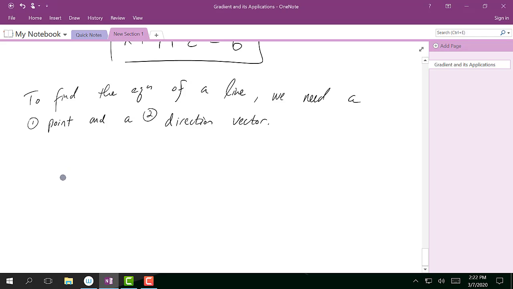We have L of t, which is again the parameterization of it. We get x naught, y naught, z naught plus t times the normal vector, which is the gradient of f at the point x naught, y naught, z naught.